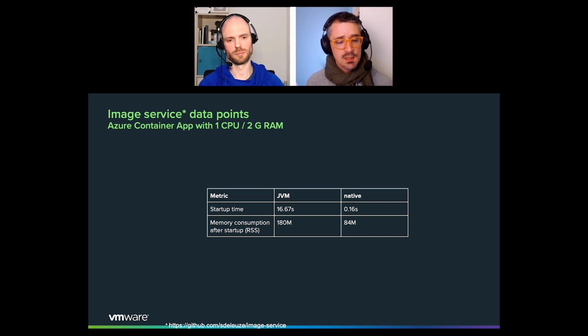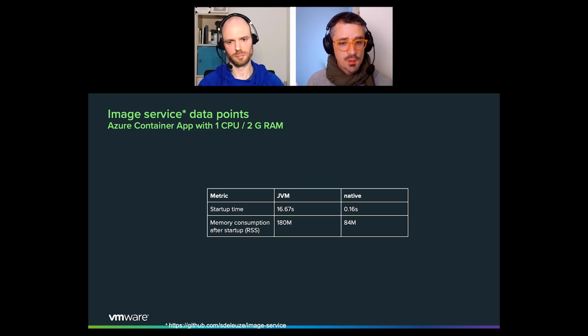Yeah, and here are some figures from another application, which is a Spring WebFlux application using Netty underneath and using a few Azure libraries. Those are the figures deployed in production on low resource instances. You can see that the startup time is 100 times faster with native.